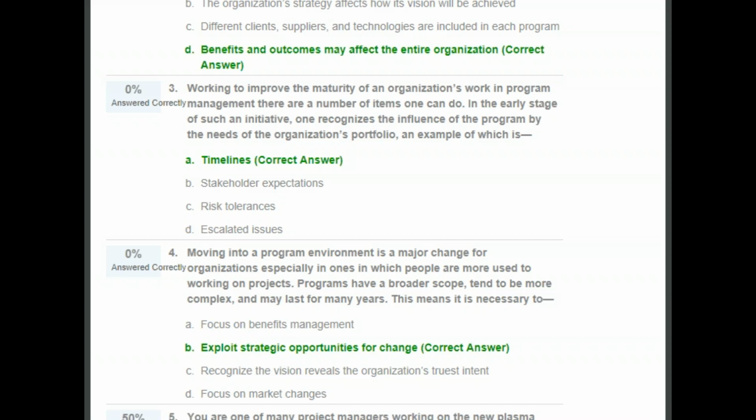In the early stage of such an initiative, one recognizes the influence of the program by the needs of the organization's portfolio, an example of which is timelines, stakeholder expectations, risk tolerance, and escalated issues.